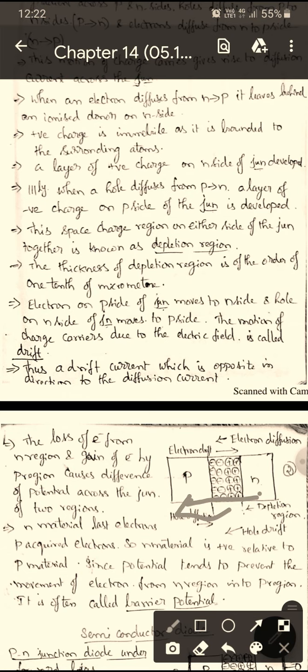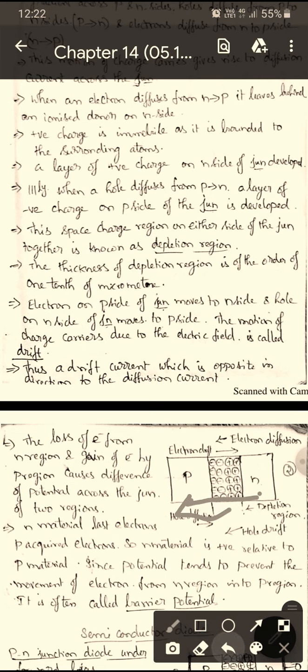There are these positive charges given here. That positive charge is immobile; it is created and bound to the surrounding atoms. A layer of positive charge on the n side of the junction develops.